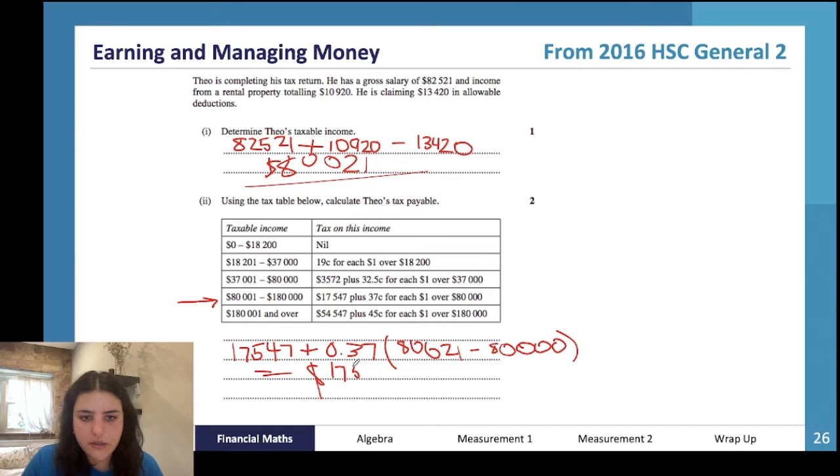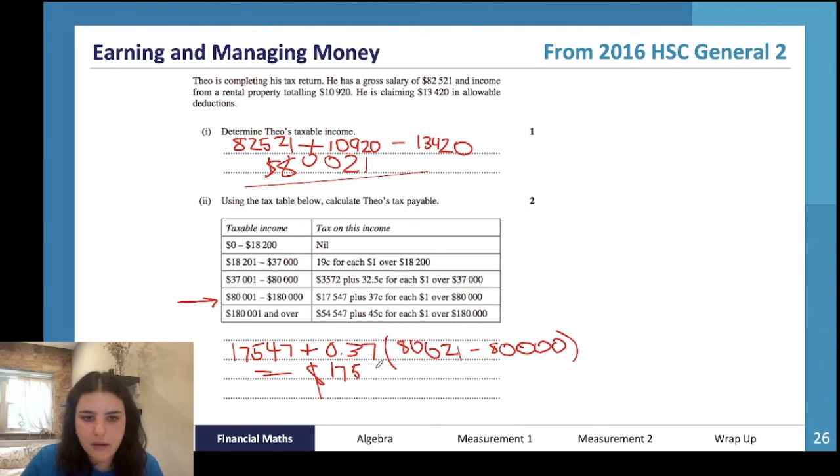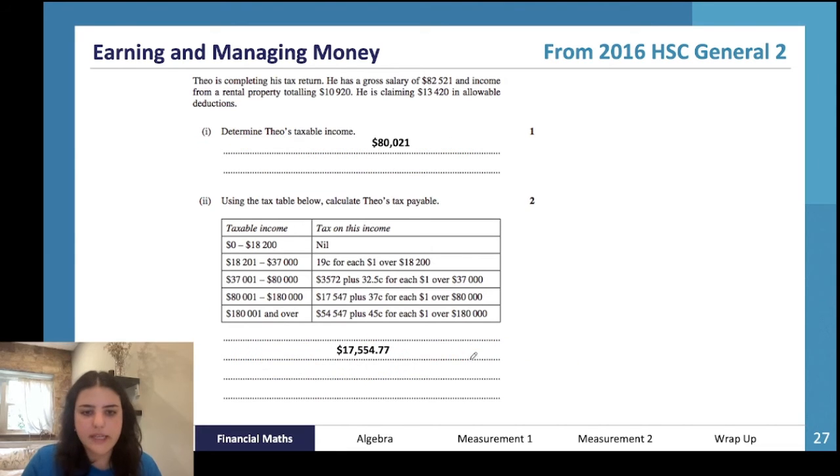Okay, so we've got 17,500. Oh, hang on. Actually, no, that was wrong. Let me check my answer. Sorry, no, 17,554.77 is the correct answer. And you'll see here we've got them worked out. Again, these are our correct answers: $80,021, $17,554.77.